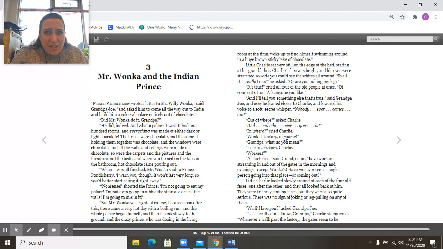"In where?" cried Charlie. "In Wonka's factory, of course." "Grandpa, what do you mean?" "I mean workers, Charlie." "Workers?" "All factories," said Grandpa Joe, "have workers streaming in and out the front gates in the morning and evening, except Wonka's. Have you ever seen a single person going into that place or coming out?"